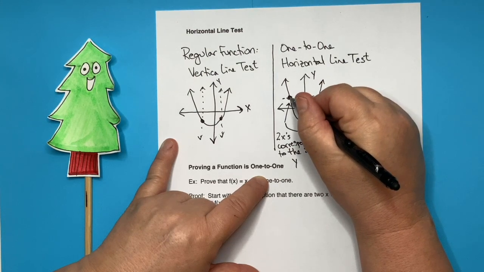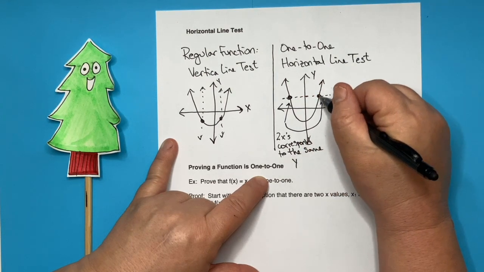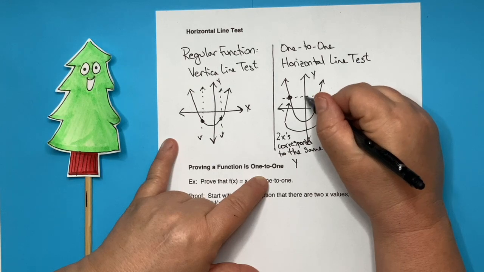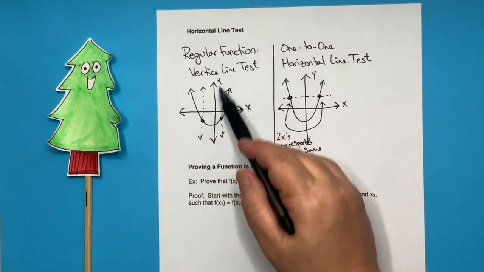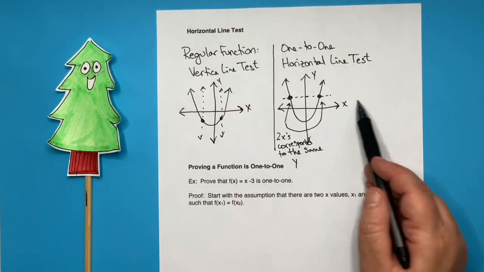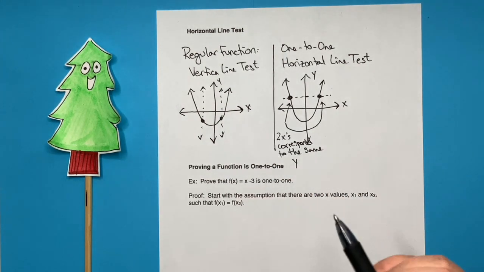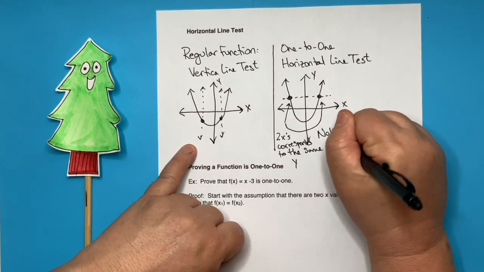Do you see that? This point right here and this point right here both correspond with that y. So a regular function has to pass the vertical line test. The horizontal line test is another step above. So this is not one-to-one.